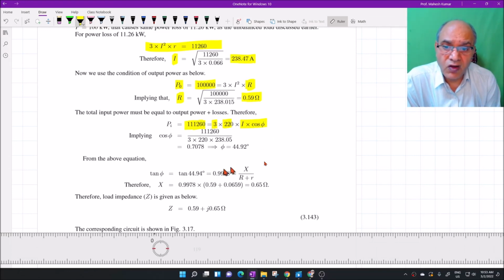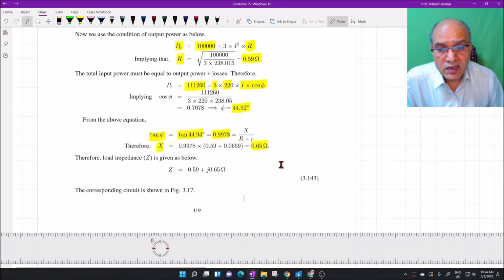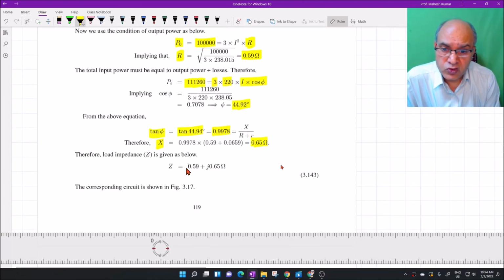So this gives phi as 44.92 degrees. And this tells us that there is a presence of reactance. Therefore, tan phi is tan of 44.92, that is 0.99, and this must be equal to X by R in the phase. So this gives the value of X as 0.65. So you see the impedance is now 0.59 plus j 0.65.